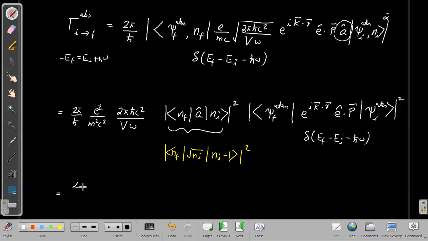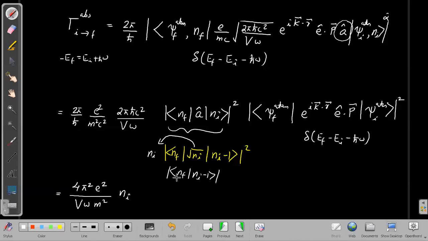This becomes 4 pi square, h cross would cancel, and c square would also cancel. So 4 pi square e square divided by V omega m square. Then Ni can be taken outside, and the remaining would be the inner product Nf, Ni minus 1.